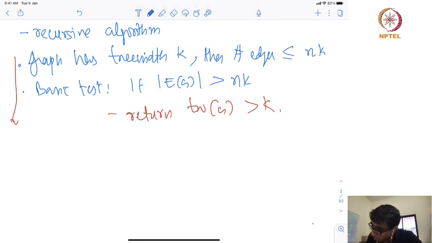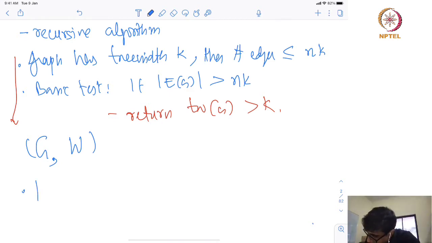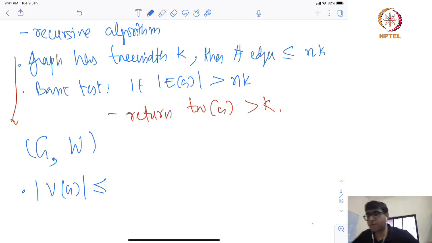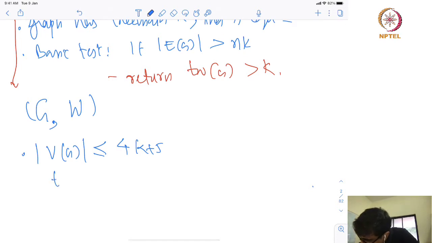Okay. And now, what does the algorithm do? The algorithm takes a particular graph G and a set W, and it will construct the required decomposition. First thing we check: what is the number of vertices in my graph? If the number of vertices in this graph is upper bounded by 4k plus 5, then we output a tree decomposition of one node.